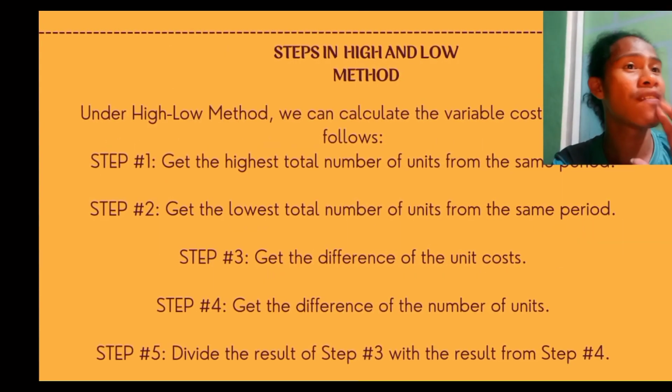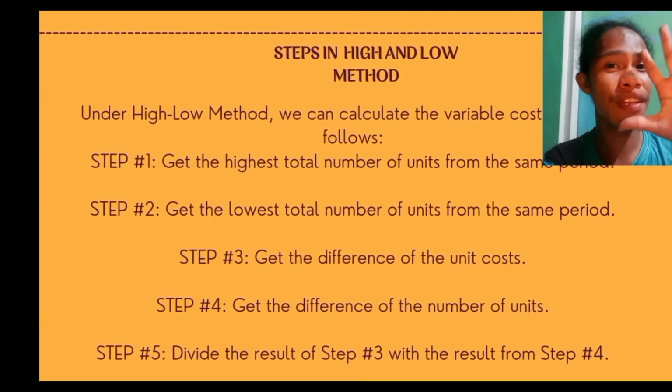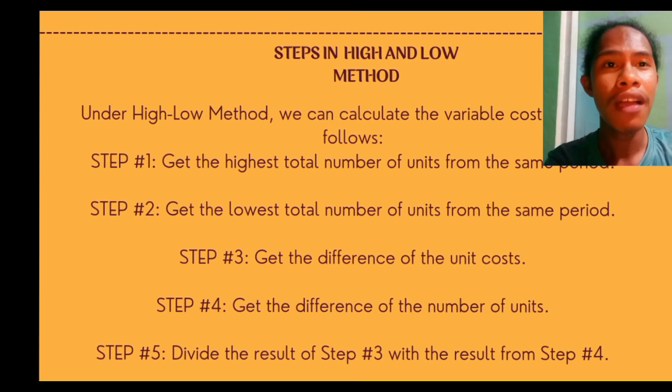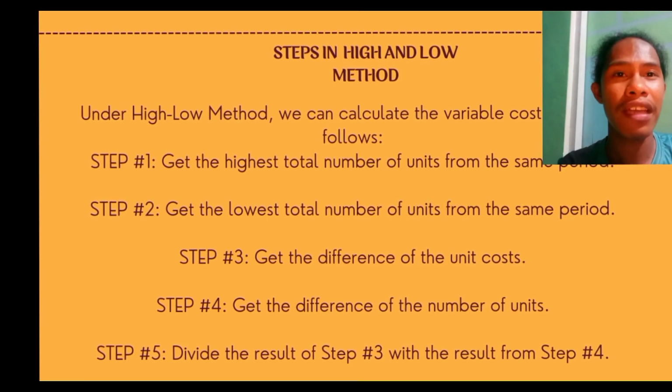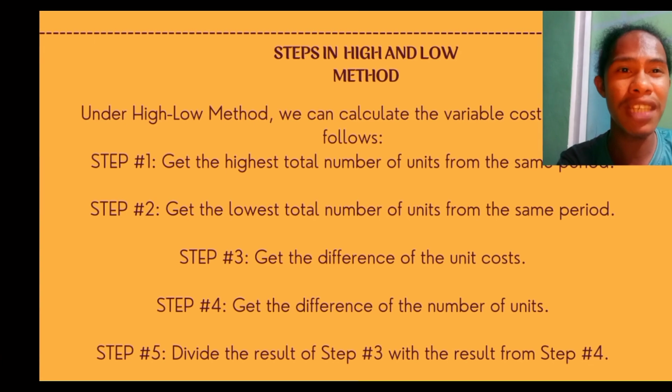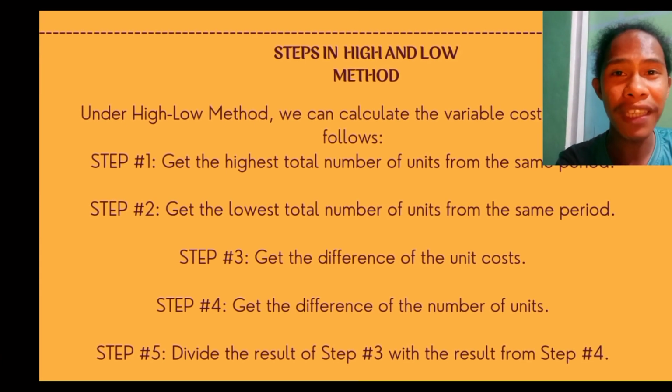So there are five steps. I will discuss the five steps later on in the sample problem. So first step is to get the highest total number of units from the same period. Step 2 is to get the lowest total number of units from the same period. Step number 3 is to get the difference of the unit cost.